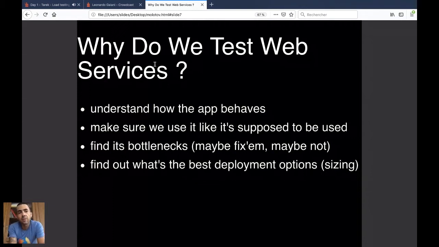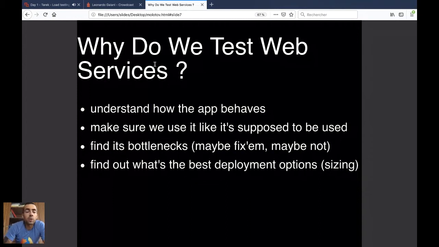And adding some tests, even if it's load tests, is a good way to find out that it's really the case. And it's also a good way to make sure that when you write a scenario to test your web service, it makes sense, and that the way you implement your scenario, if it doesn't make any sense, maybe there is a design problem in your web service.